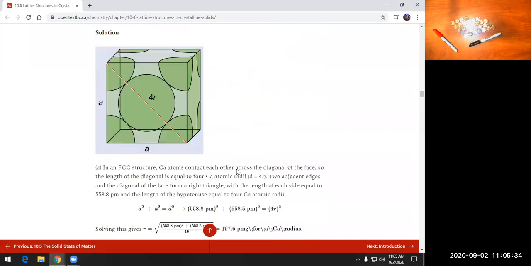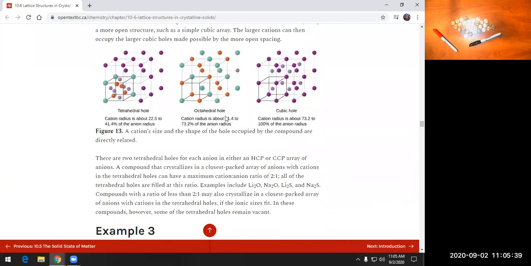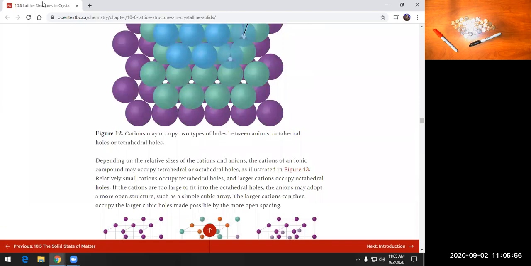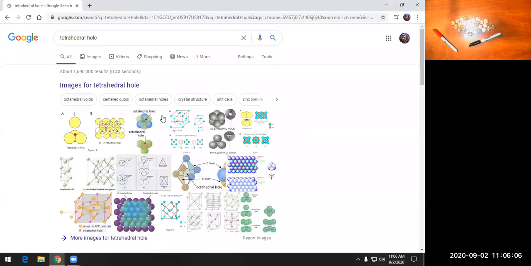Let's see if we can see an example of a tetrahedral hole. So I guess they call that a cubic hole. So a tetrahedral hole would be, this isn't a very good picture. Let me see if I can find a better picture than that one.